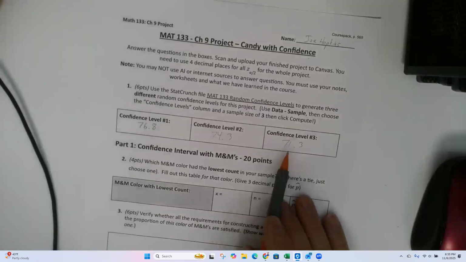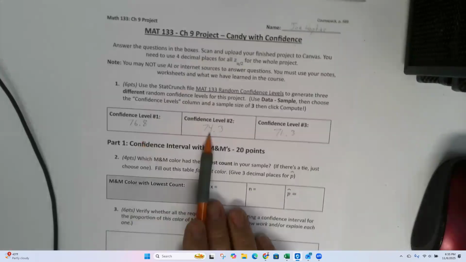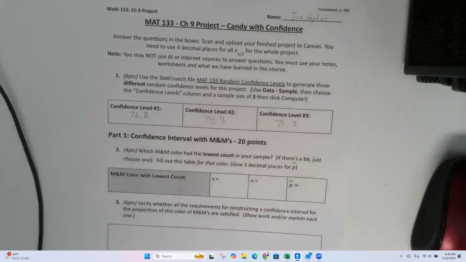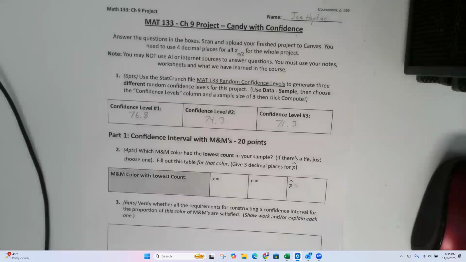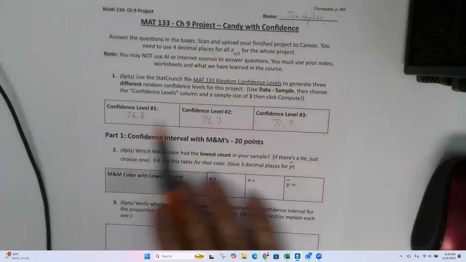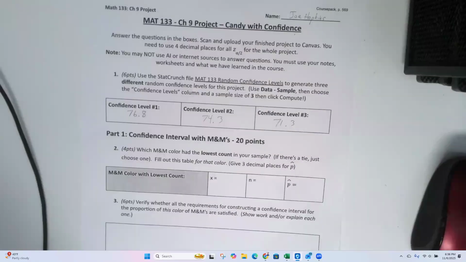Okay. It gave me 74.32. Should I do it again? No, no, no. Did all 3 of them come back the same as me? No, just the 74.3. Oh, okay. Yeah, then you're good. It is random, so technically there is a chance that you could randomly get the exact same 3 as me.